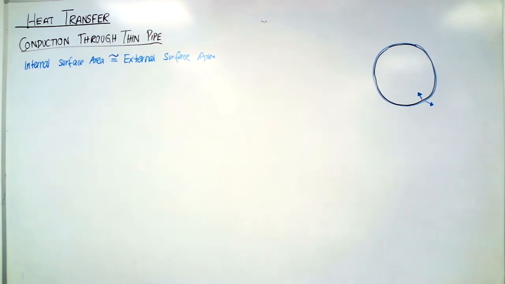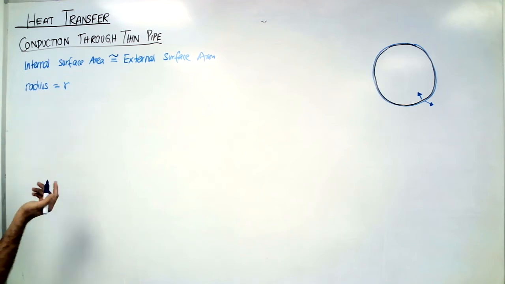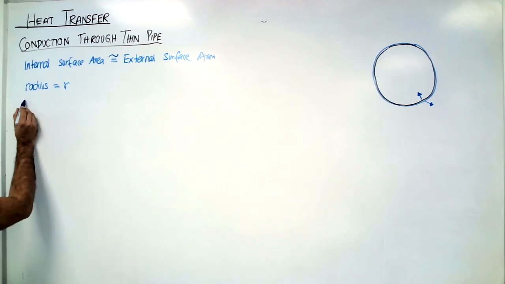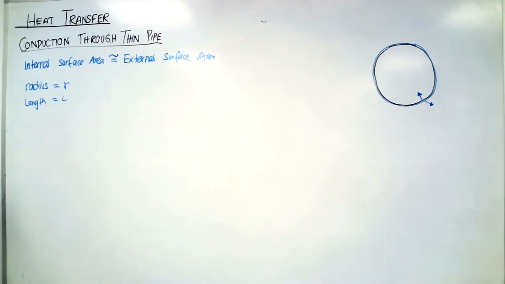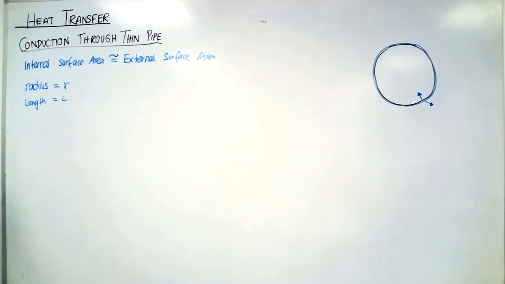Now the formula. If we got a cylinder or a pipe of radius r with a length L, we don't worry about the internal radius or the external radius because we assume they are the same.